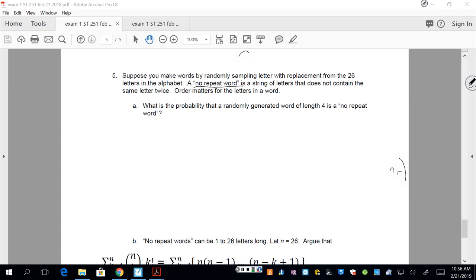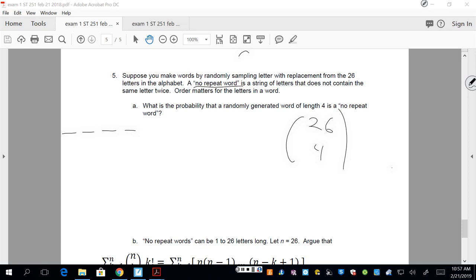So if we're generating 4 letters, how many ways can we generate words of length 4? Any 4 letters together is called a word. 26 choose 4. Well, 26 choose 4 would be a common answer for something like this, right? So that's certainly a way of picking 4 different letters out of 26.